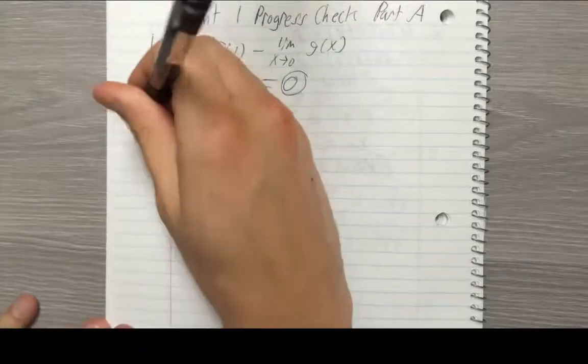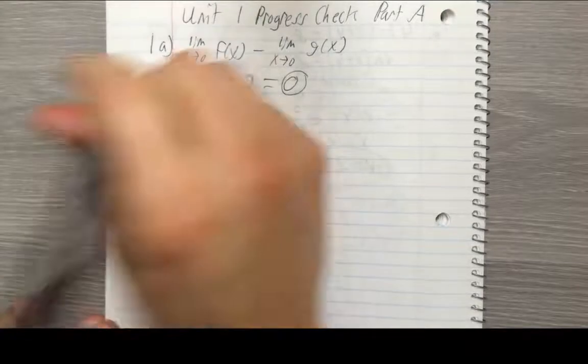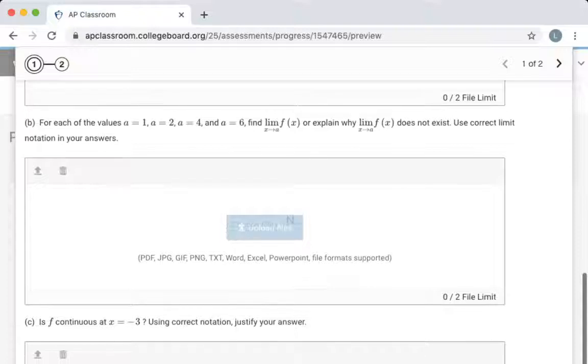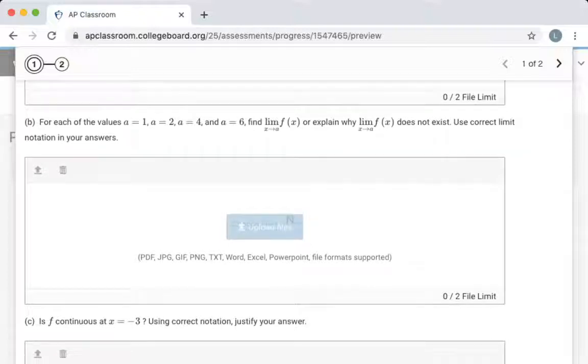All right, let's go for 1b. Let me go back to my screen here. Scrolling down, it says for each of the values a equals 1, a equals 2, a equals 4, and a equals 6, we want to find the limit as x approaches a of f, or explain why the limit doesn't exist. So we're splitting this up. Instead of a, we have 4 different a values.